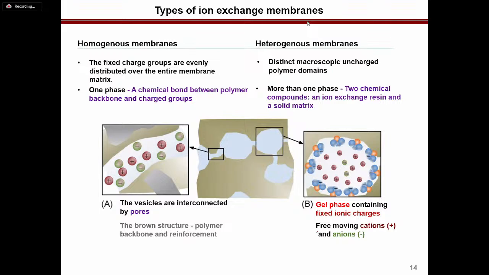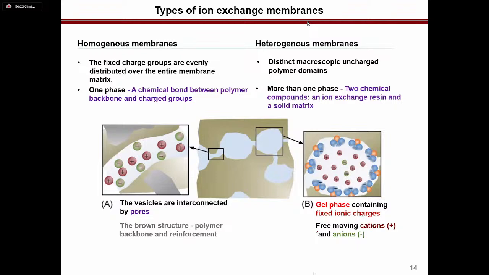So you can use them under quite high temperature, or in a quite harsh environment. They are quite stable, but they have a very high resistance. So depending on which type of application you would like, you can choose the homogeneous membranes.